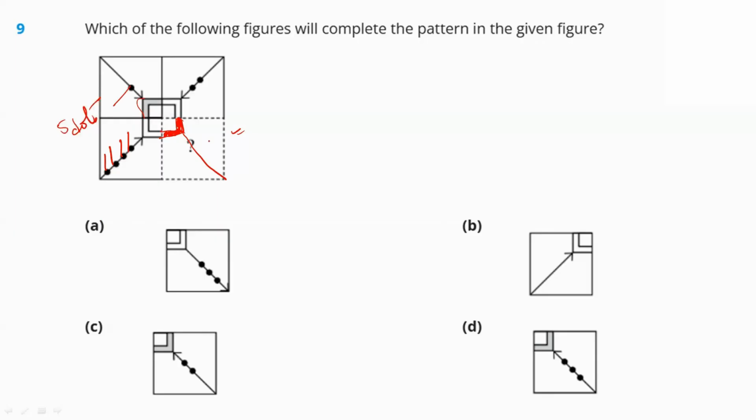On this side we have 2 dots here, so there should be 3 dots: 1, 2 and 3. This is also pointed towards the square. So where do we have it? We have it in option number D. So D is our right answer for this question.